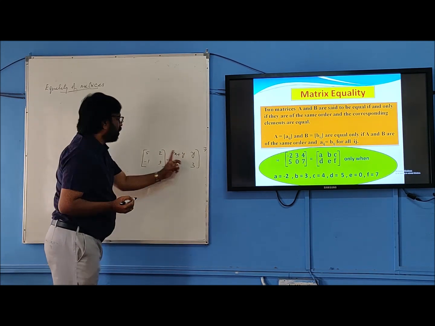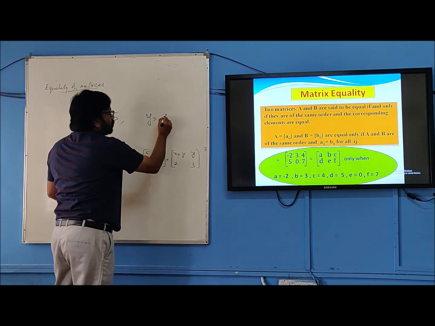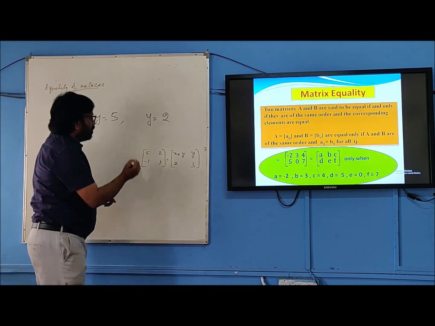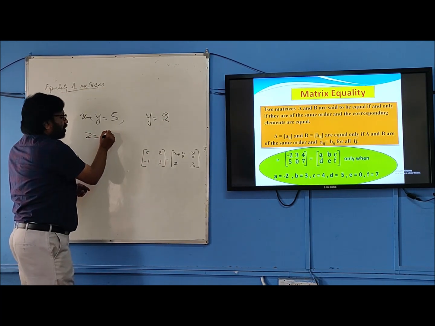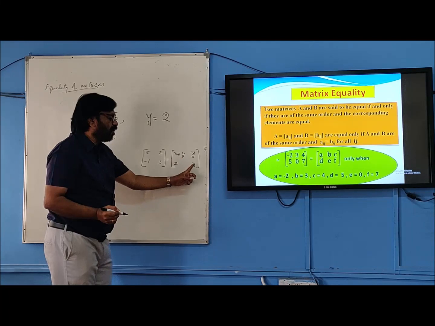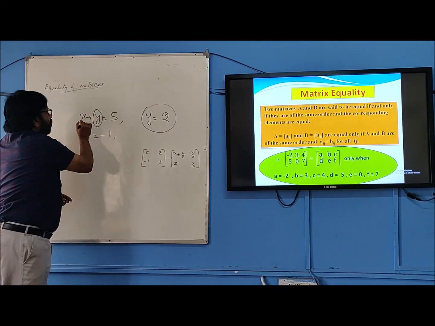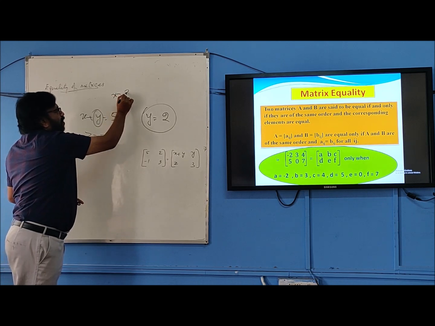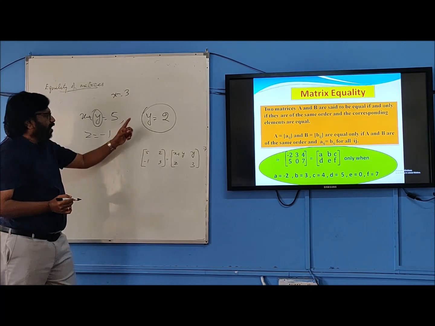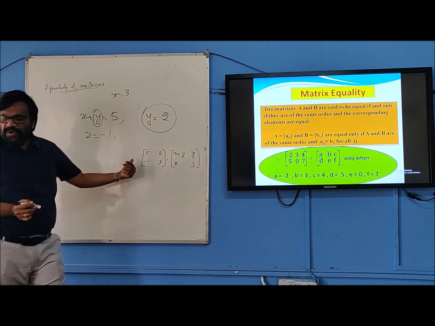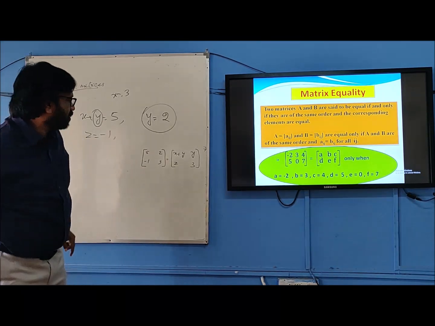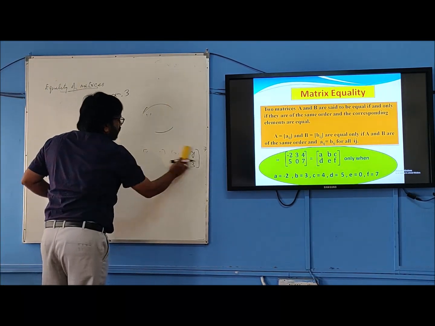Another corresponding element gives y equal to 2. Also z equals -1, and 3 equals 3, they are equal. Putting y equal to 2, we will get x equal to 3. Therefore, x equals 3, y equals 2 and z equals -1. Such questions can be asked for 2 mark questions.